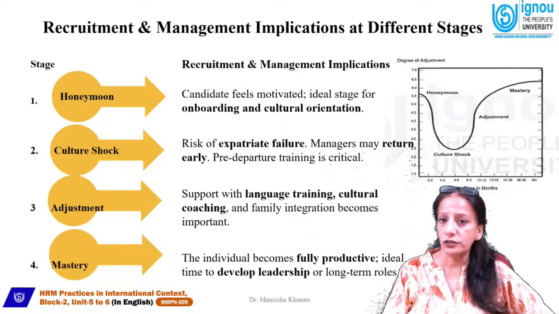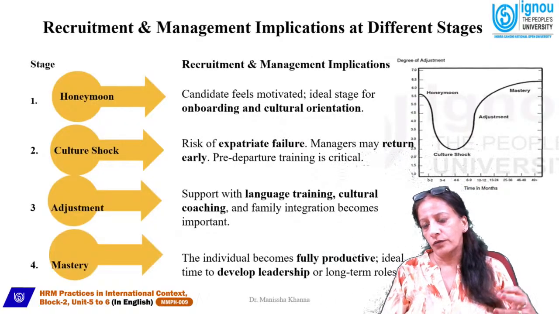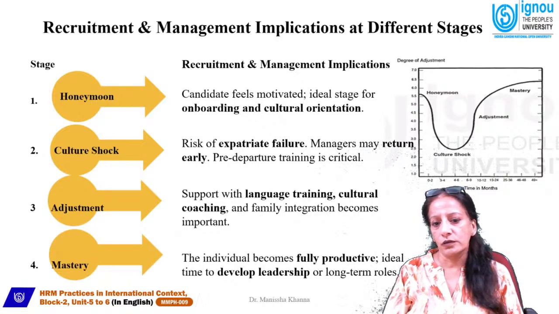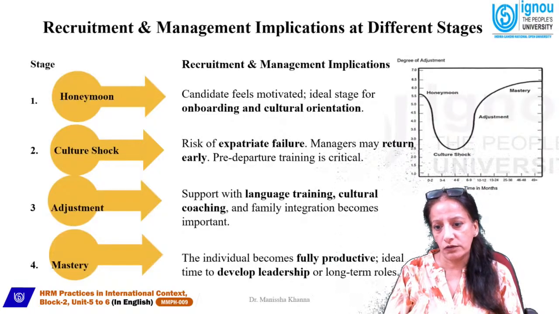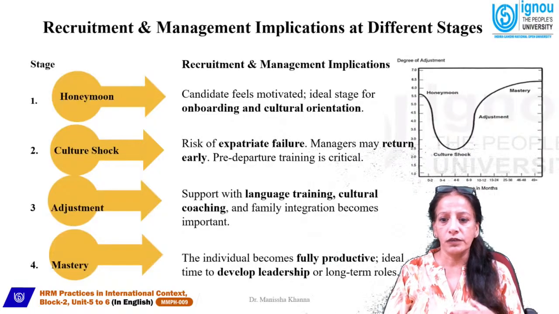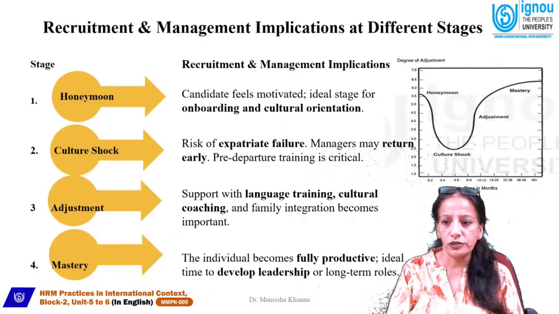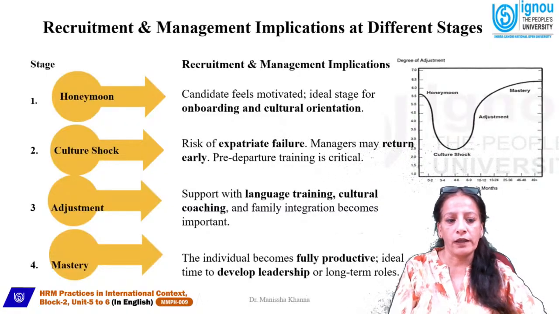Pre-departure training is critical, because before departure, when recruiting the expats, the pre-departure training is very important. If that is missed, then cultural shock will be there. So sometimes the managers may return early. They cannot adjust. So during that period, they feel that this is not the right decision, and they go back.